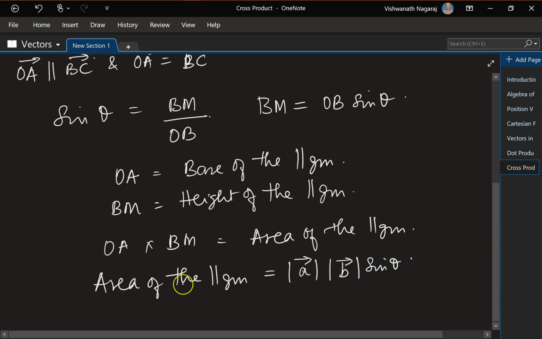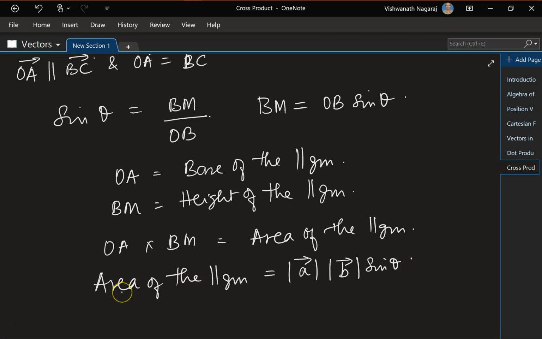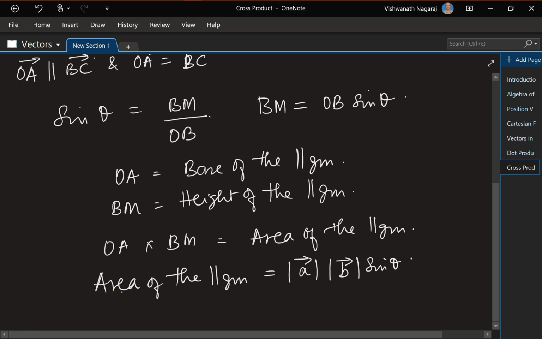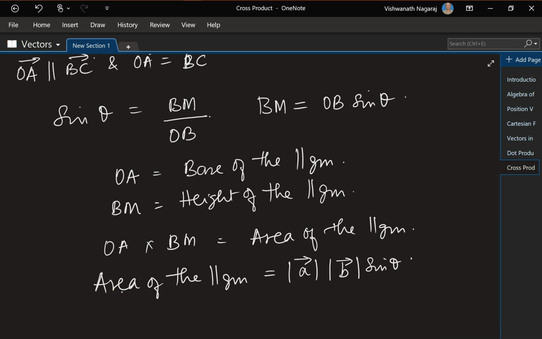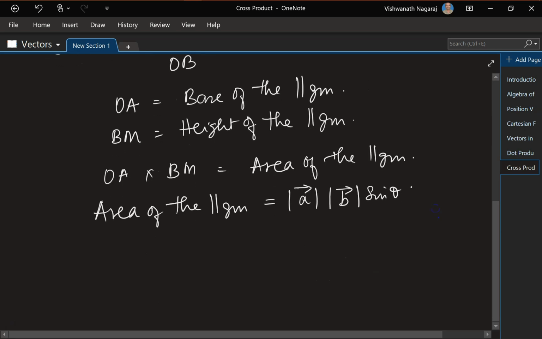magnitude of OB, let's say B sine theta. Now, this area is something important. When we say area here, we are not necessarily only talking in terms of the geometrical area. The result is going to be a vector, which means this actually gives us the magnitude.